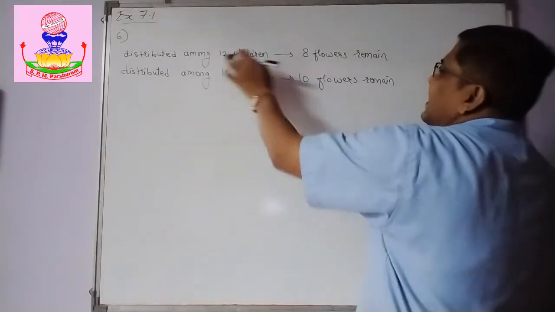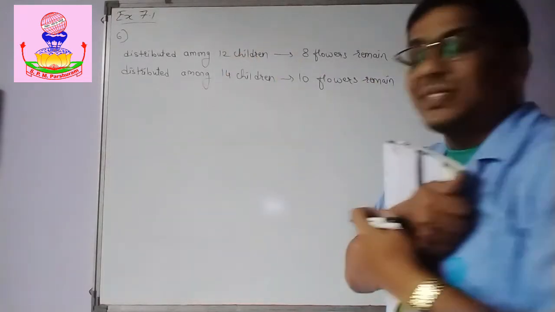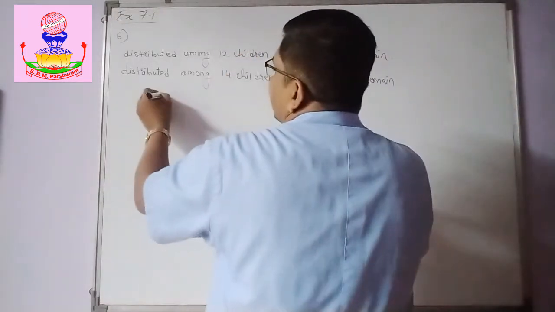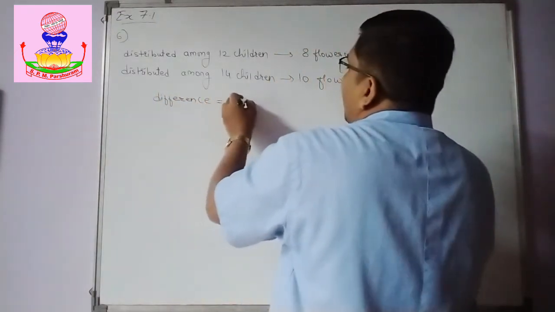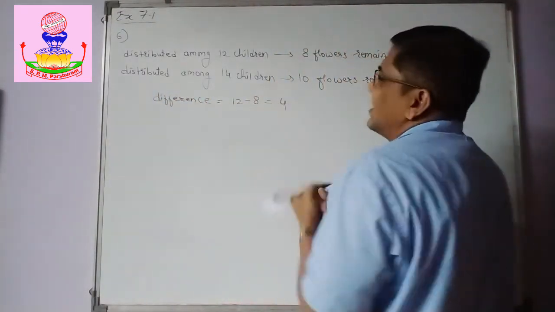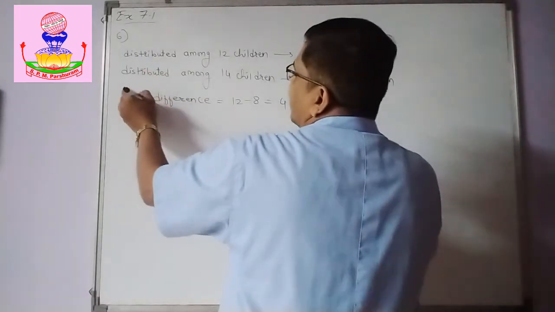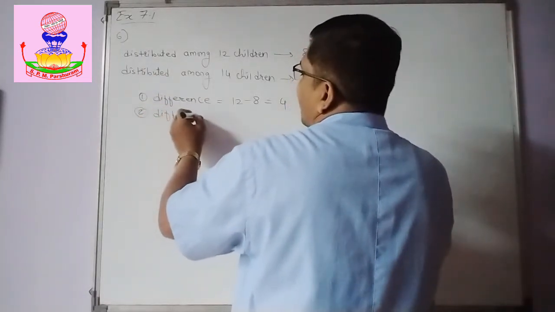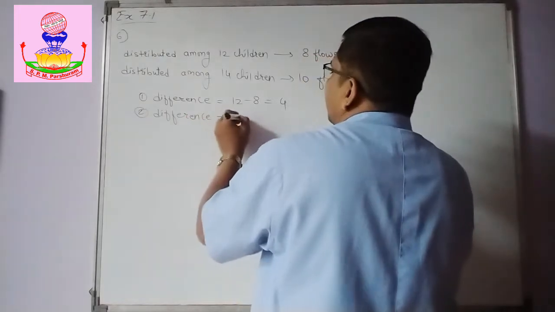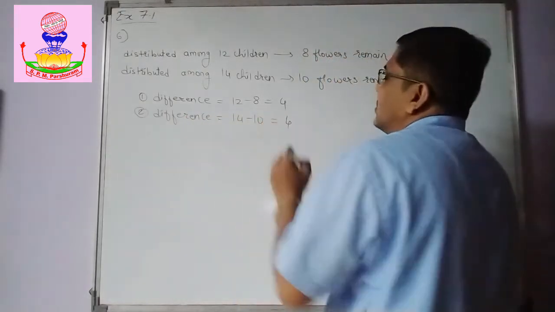So find out the difference between these and see what you get. 12 minus 8, what is the difference? 4. And this is the first. Find out the second difference: 14 minus 10, what is the difference?